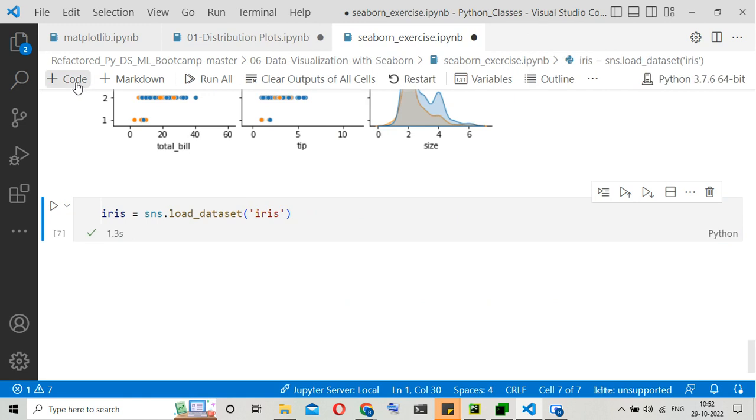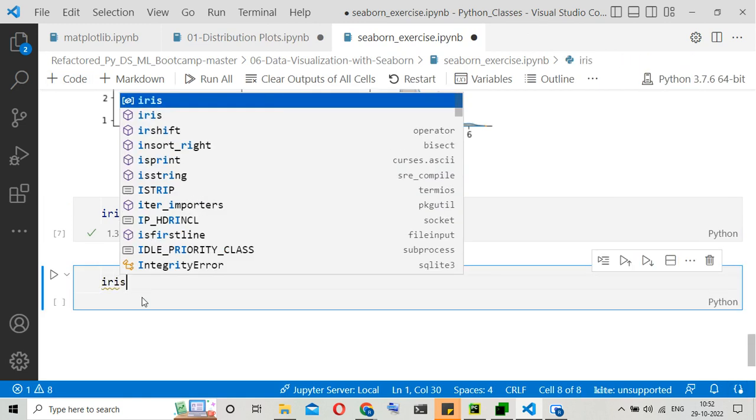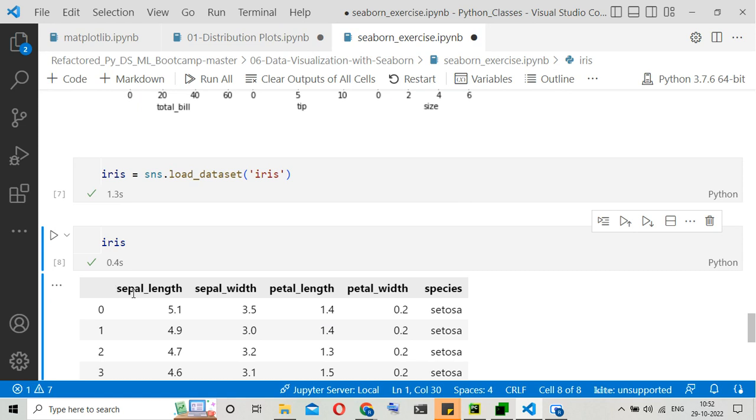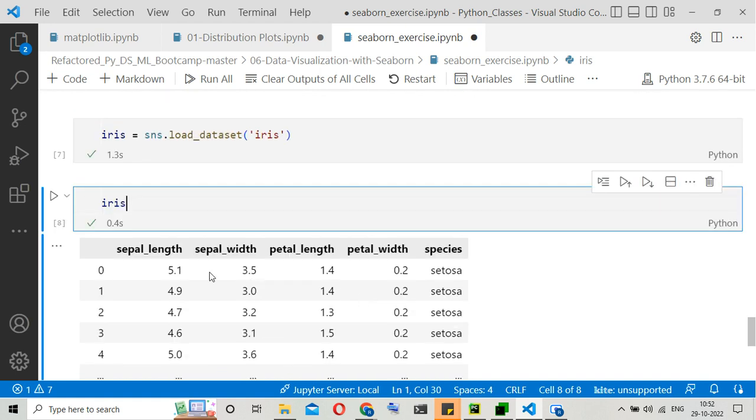So you will check that iris has some of these. It is not dummy data, it is a very popular data set, iris. It has sepal length and sepal width, petal length and petal width. To understand this, actually this is flower length.